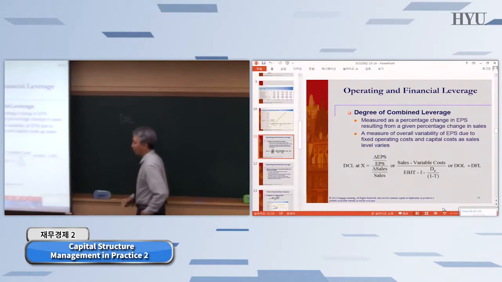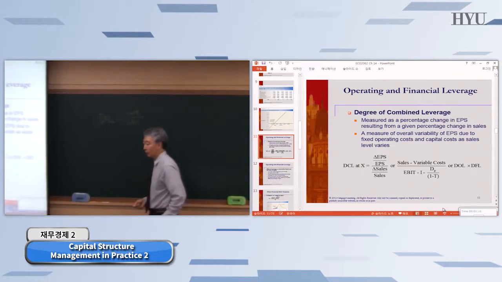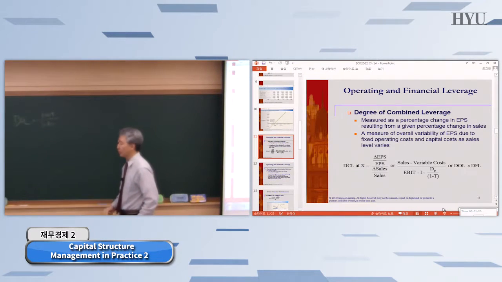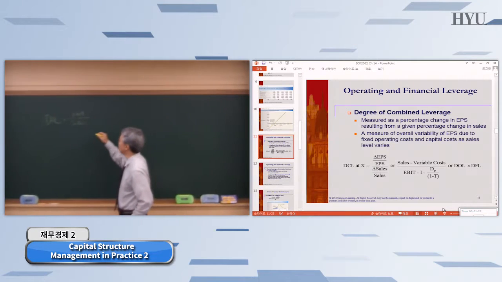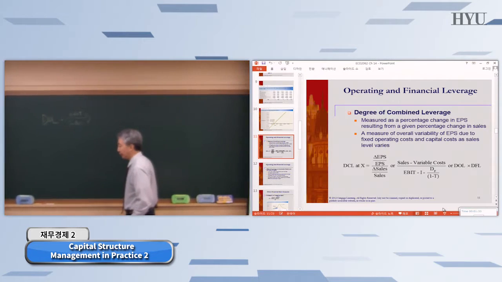Degree of operating leverage relates to the relationship between sales and EBIT: the percentage change in EBIT divided by the percentage change in sales. If there's a little bit of change in sales, whether an increase or decrease, what's going to happen to EBIT?